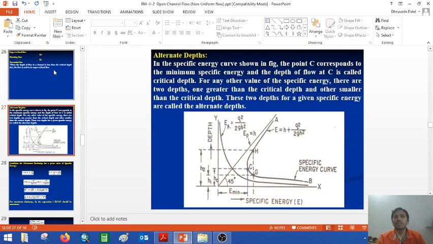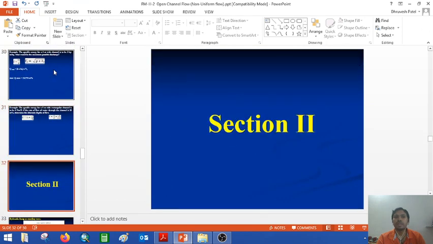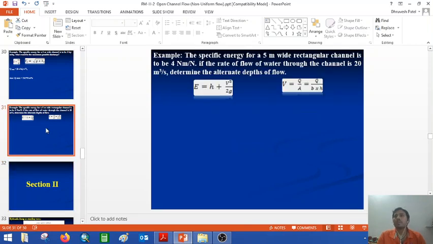So this is all about how we refer to non-uniform flow section 1, and mostly we use this non-uniform flow for planning the different types of hydraulic structures across natural channels. It means river tributaries.